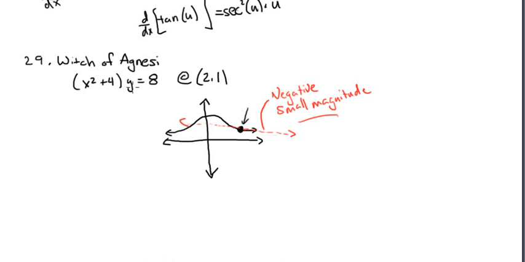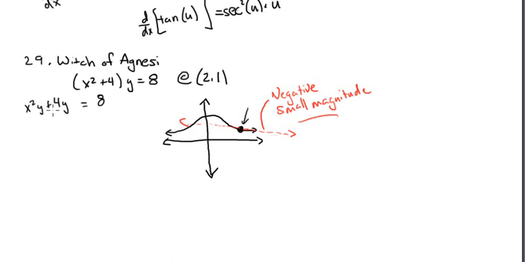One thing that I'm probably going to do right now is avoid overcomplication by just distributing this y to both terms. So this gives me x squared y plus 4y equals 8. Okay? So now I'm going to take the derivative of this.